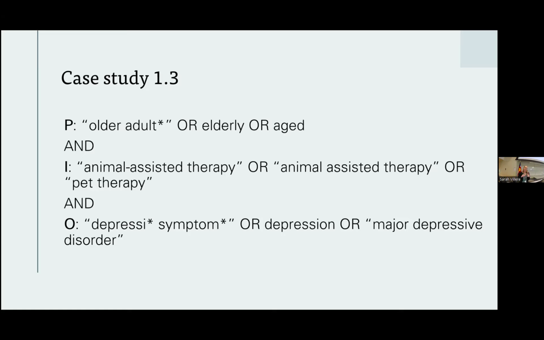That also will capture depressive, and then symptom, singular, and symptoms, plural. So the database will search for all of those combinations for me. Depression just on its own, major depressive disorder on its own. So those were the ones that I came up with, but there may be other ones too.